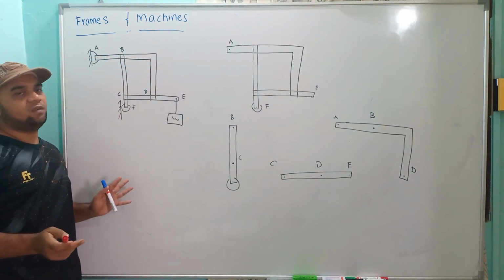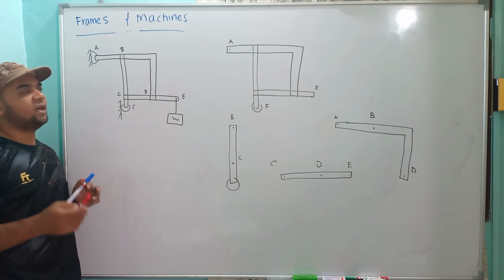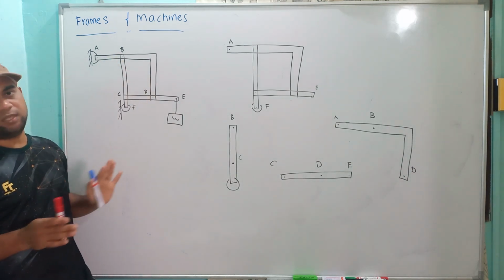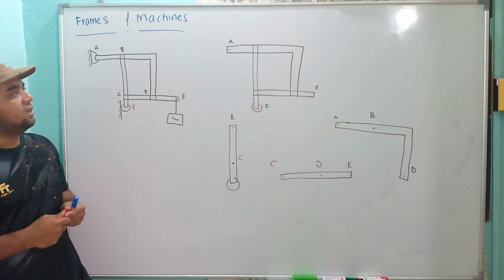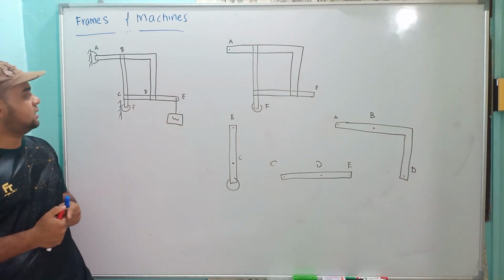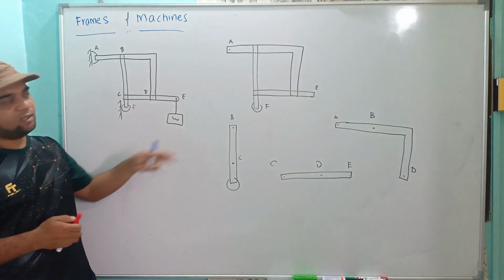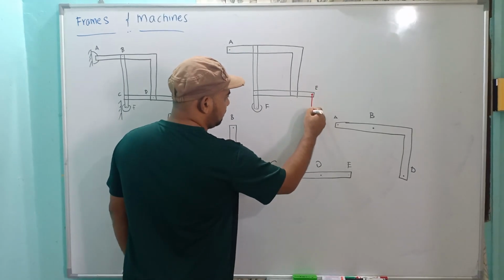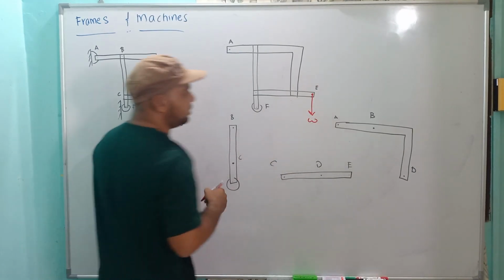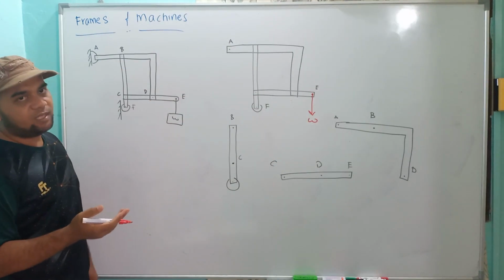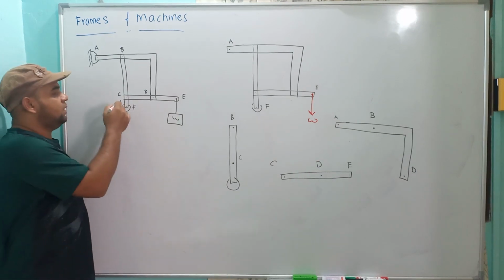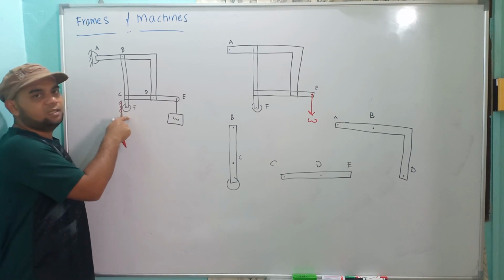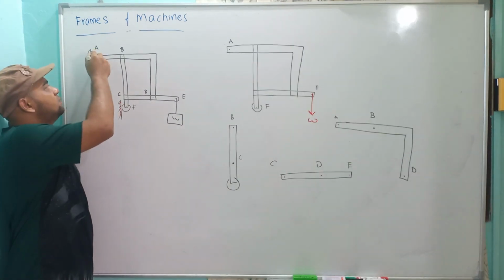The first step to draw the free body diagram, normally we start by putting the mass. There's nothing said about the mass of each component, so we ignore the mass. Then we go to the external forces. In this case, we have W, the weight, which is at the cable. So we have W upward on the component, always in tension. The last one is the reaction forces. We remove the surface touching the roller, and the other is the pin joint here.